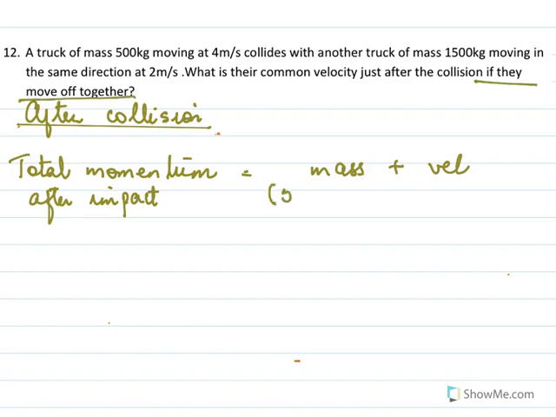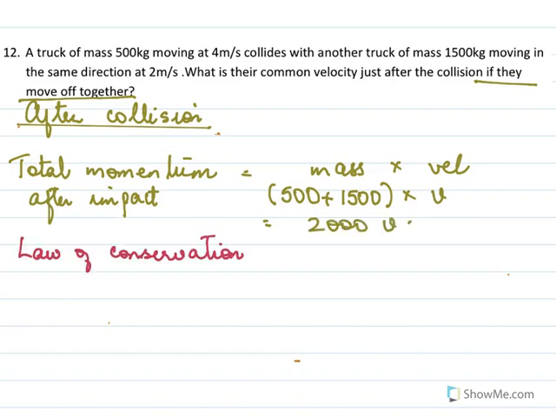That means the mass will be mass of one truck, 500, plus the mass of the other truck, into velocity, which is what we need to find out. Velocity says v, so this will be now 500 plus 1500, so 2000 v.